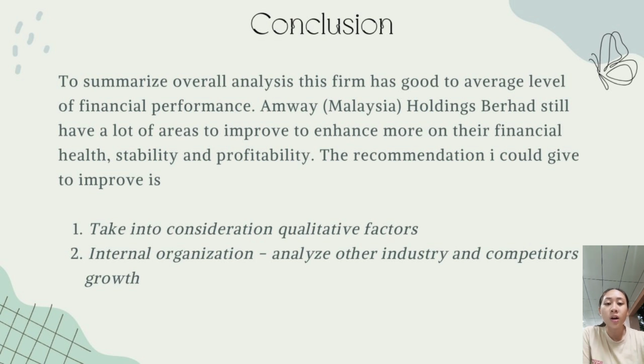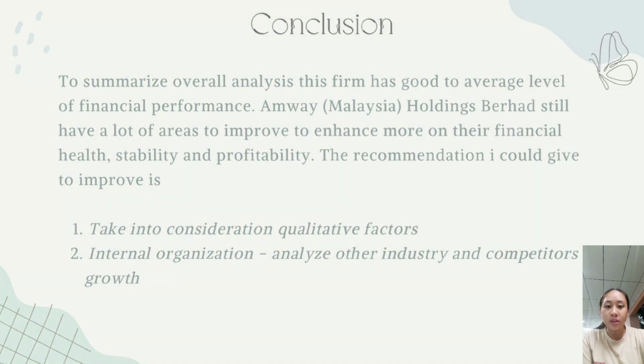So the recommendation I could give is that the company should take into consideration qualitative factors such as workforce productivity, debt to equity management, the competitors, the company plans and strategies, cash flow management, and also many more factors. This is because qualitative factors play an important role in improving financial performance.